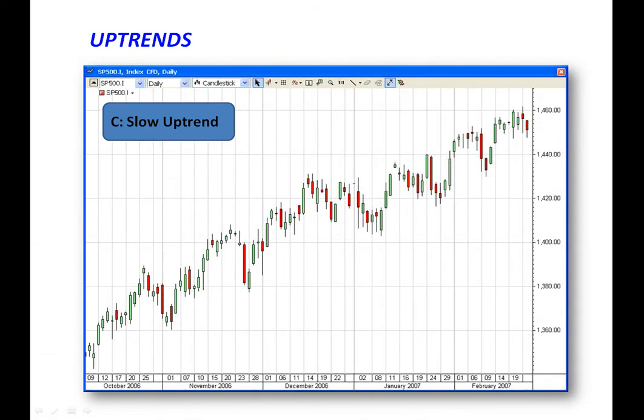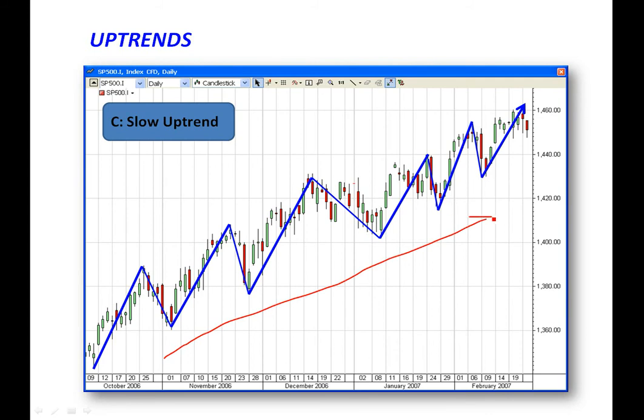Let's take a look at the slow uptrend. You see, the market on average did move up and move up and move up. But every time it moves up from the first high to the higher high, it comes back down more than the previous high. But still this higher low is higher than the previous low. Can you see?